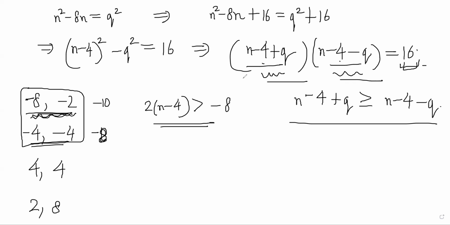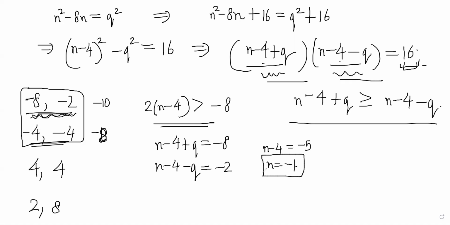Or you can just check whether these two values are going to fit the conditions of the problem. If you take n minus 4 plus q as minus 8 and n minus 4 minus q as minus 2, you will be able to find, let's take it, n minus 4 plus q is minus 8, n minus 4 minus q is minus 2. So obviously if you add it, you are getting twice of n minus 4 is minus 10. n is equal to minus 1.